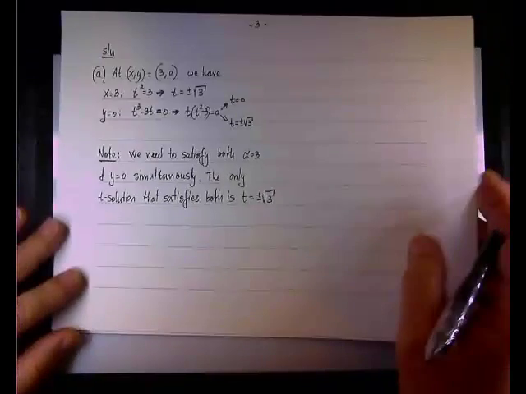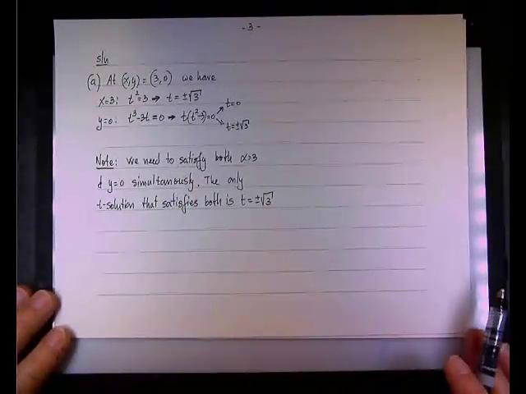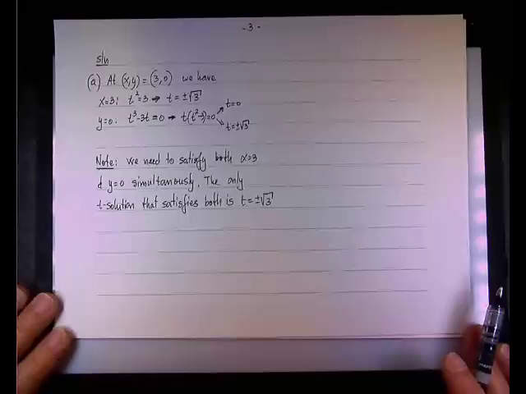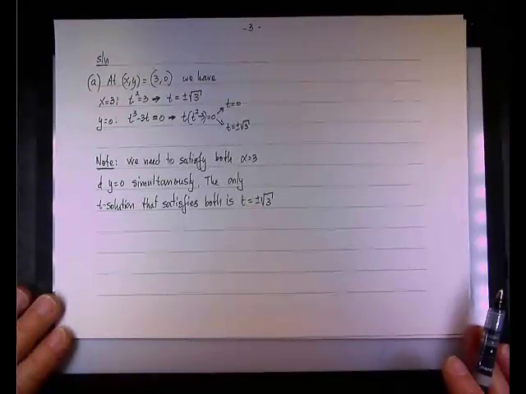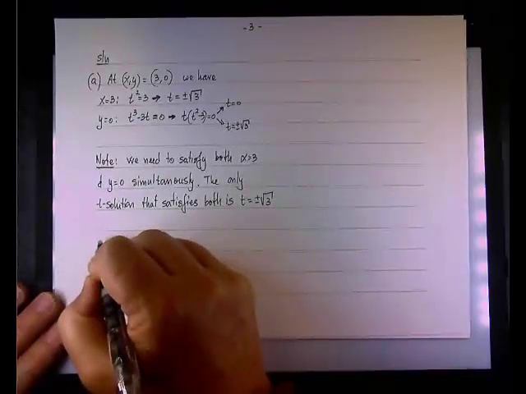So we're going to reject t equals 0. Later on we're going to see the meaning of t equals 0. So what happens when t equals plus or minus square root of 3?